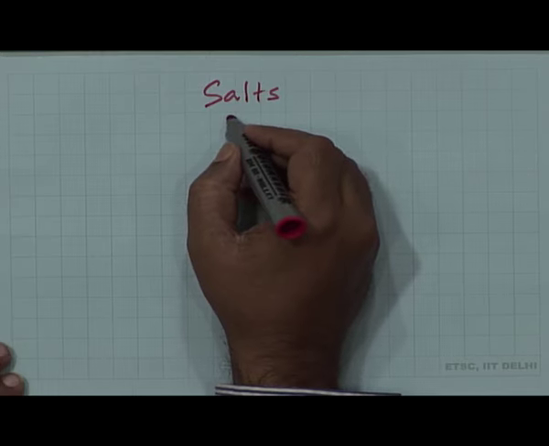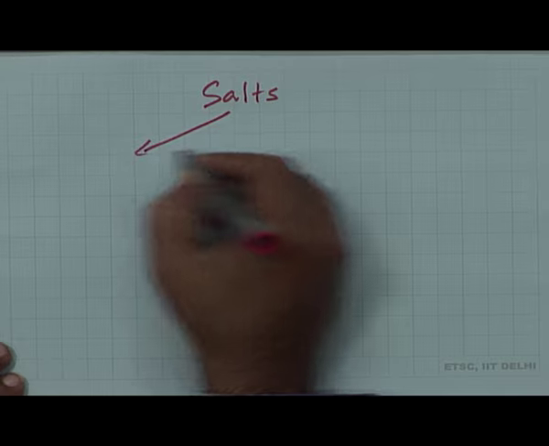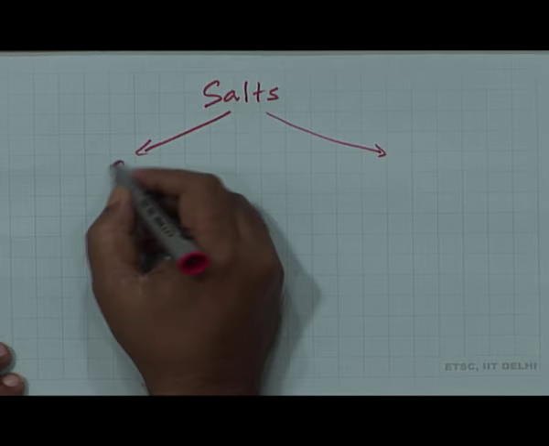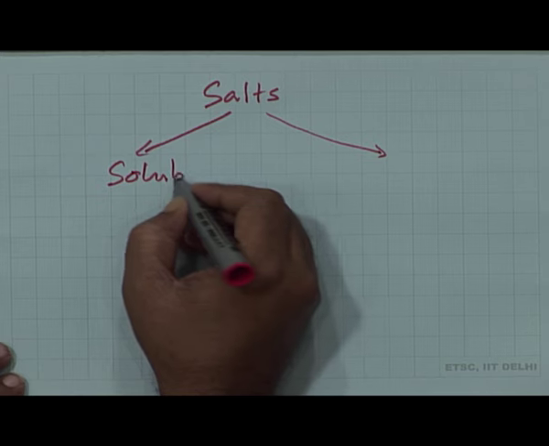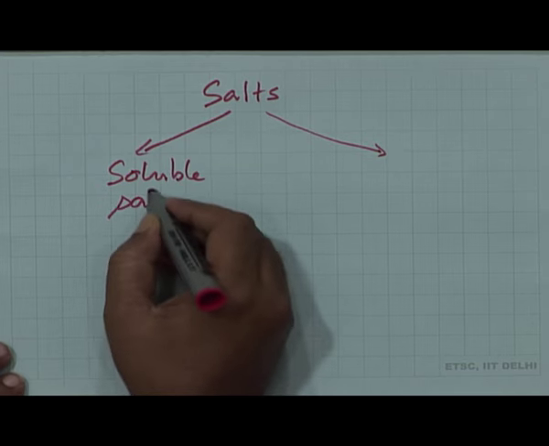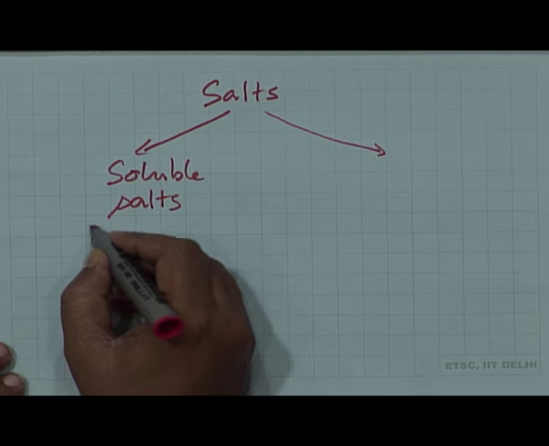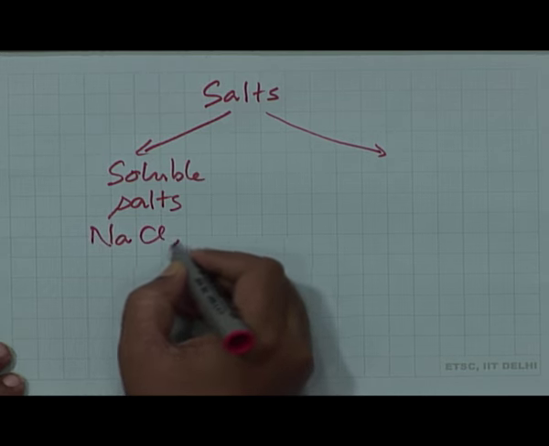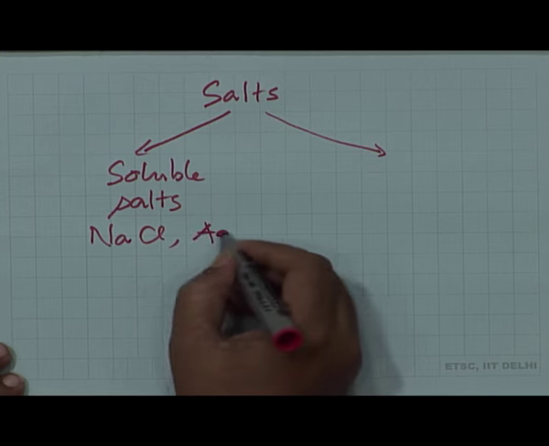Salts can be of two types: soluble salts, for example NaCl, AgNO3.